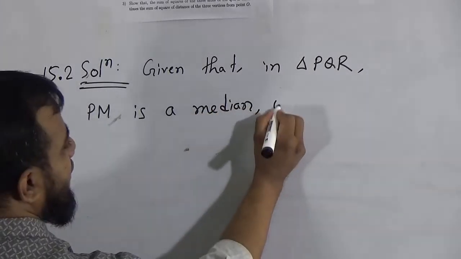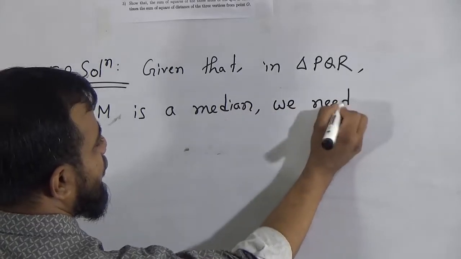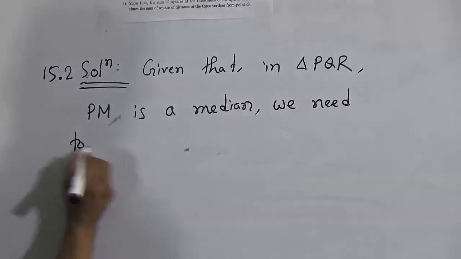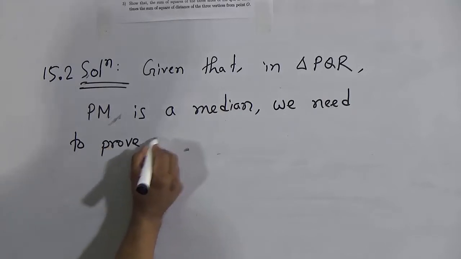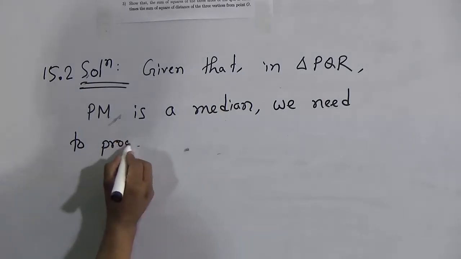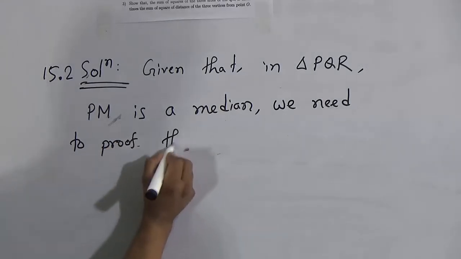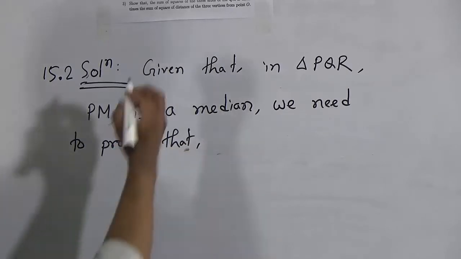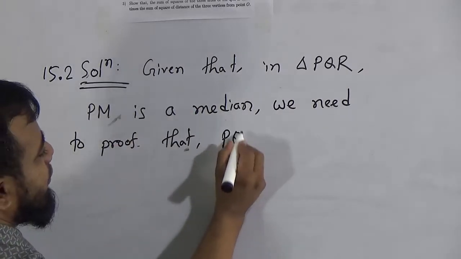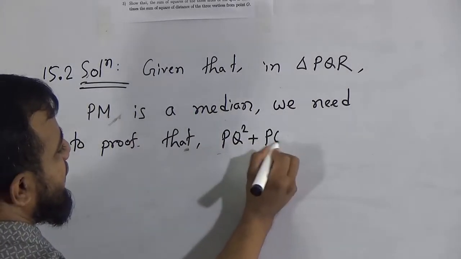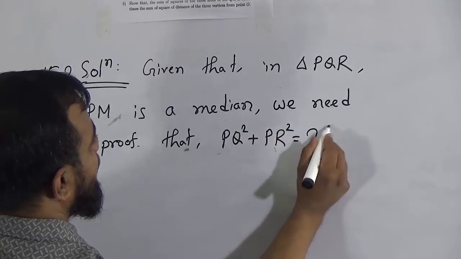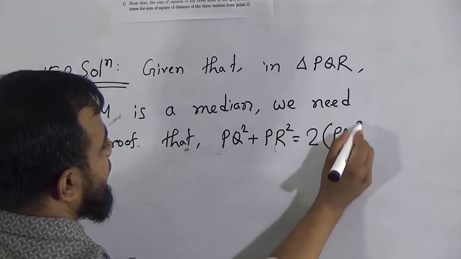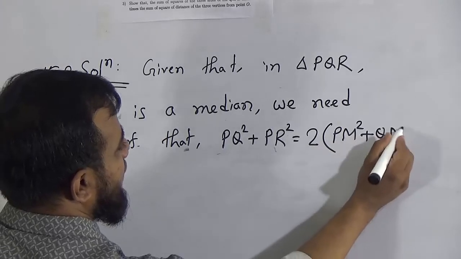We do not need the centroid here. We need to prove that PQ square plus PR square equals 2 multiplied by PM square plus QM square.